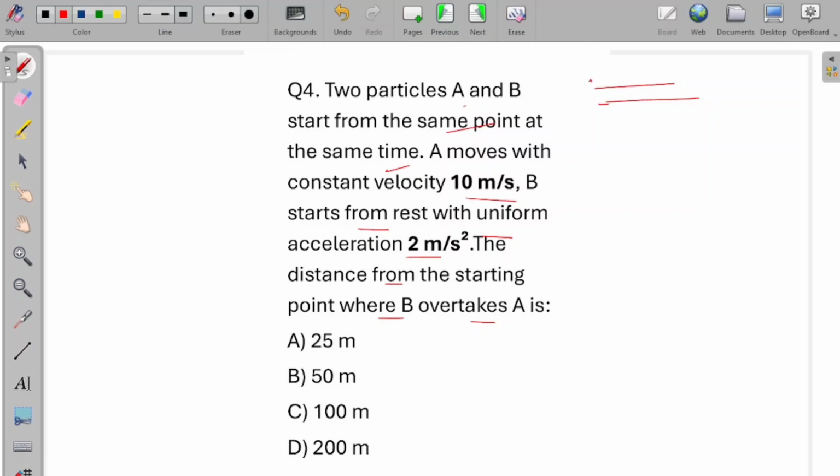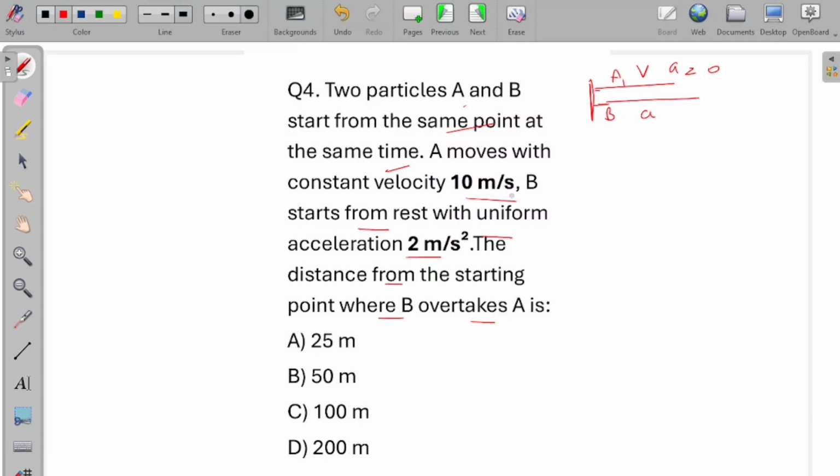Okay, so let's say this is the same point and they have started moving at the same time. A moves with constant velocity. Its velocity is given and B's acceleration is given. And there's no acceleration for A. Acceleration for A is 0. It is moving with constant velocity.